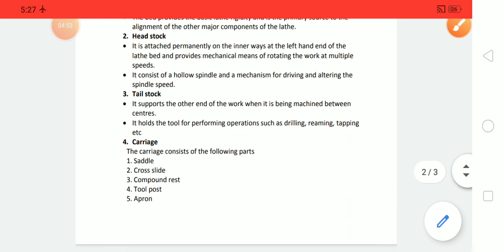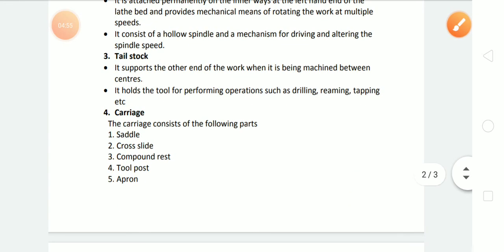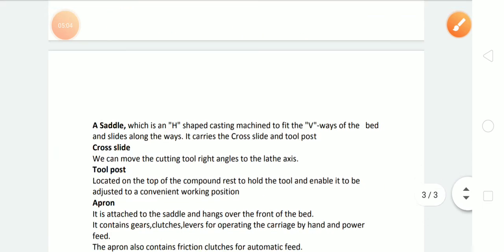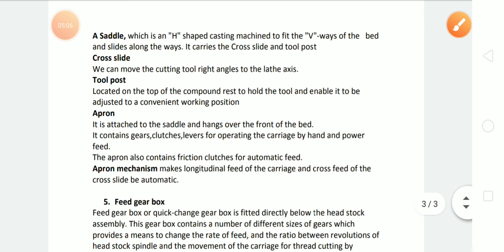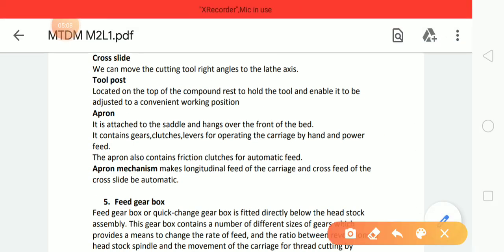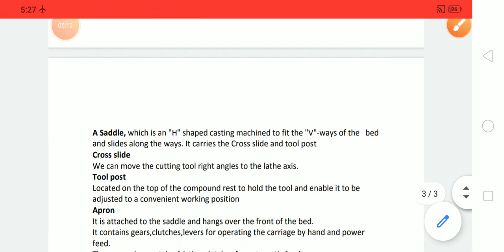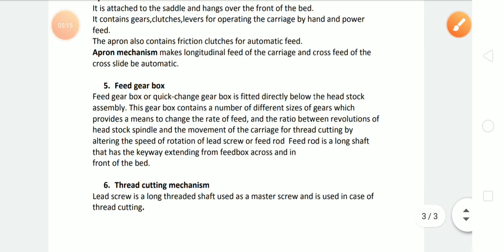And the fourth one is carriage. I also discussed there are five different parts in carriage, that is saddle, cross slide, compound rest, tool post and apron. These are the different parts in a carriage. After that you can have the feed gearbox.